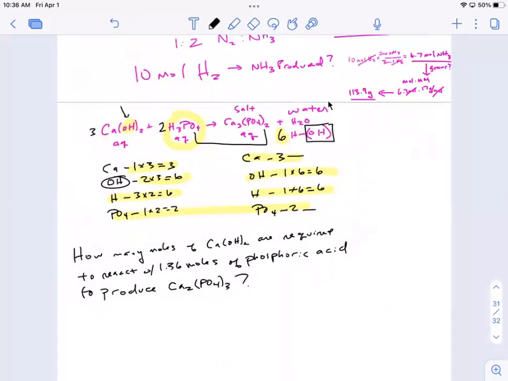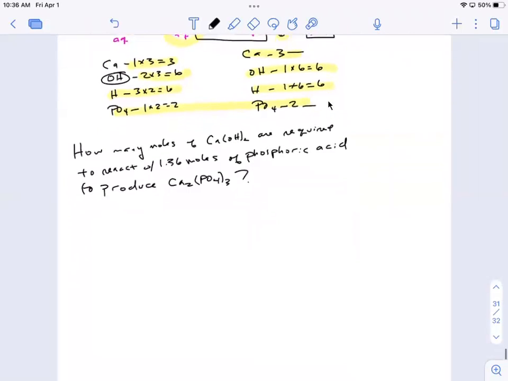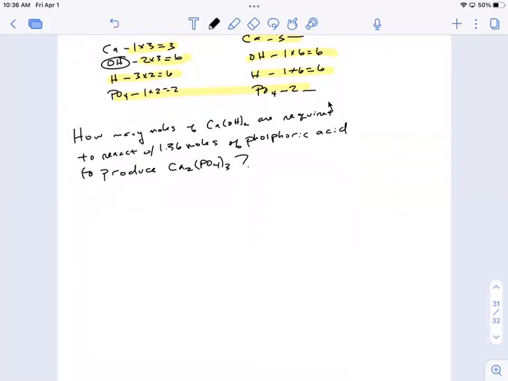So there's 3 parts or 3 moles of, and I say moles in relative terms now because we have specific numbers that we're working with. But there's a 3-to-2 ratio of calcium hydroxide to phosphoric acid. There's a 3-to-6 ratio of calcium hydroxide to water. There's a 3-to-1 ratio of calcium hydroxide to calcium phosphate, and so on and so forth. So what is our relationship that we're going to manipulate here?